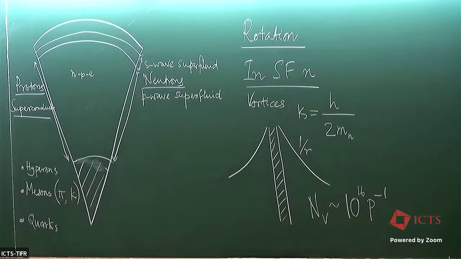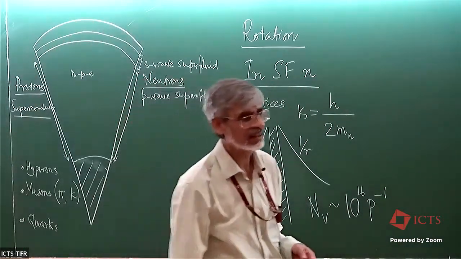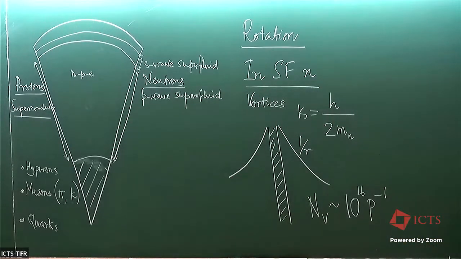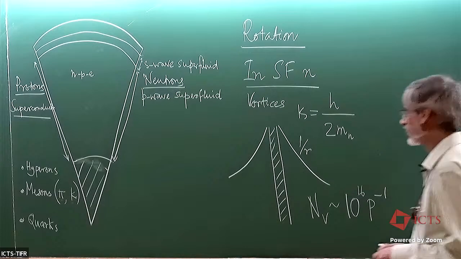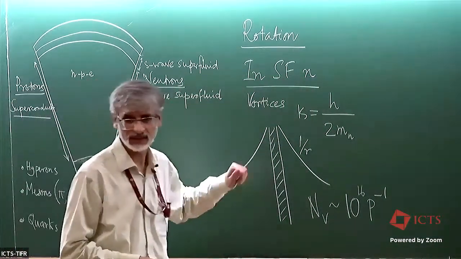In fact, most of the neutron star, the entire core superfluid, is so strongly coupled to the crust that it almost spins down simultaneously. How can that happen? That has to do with the property of this vortex.